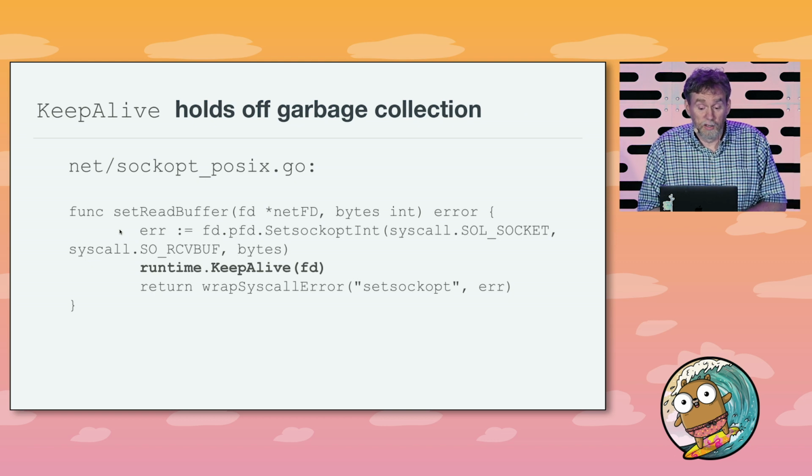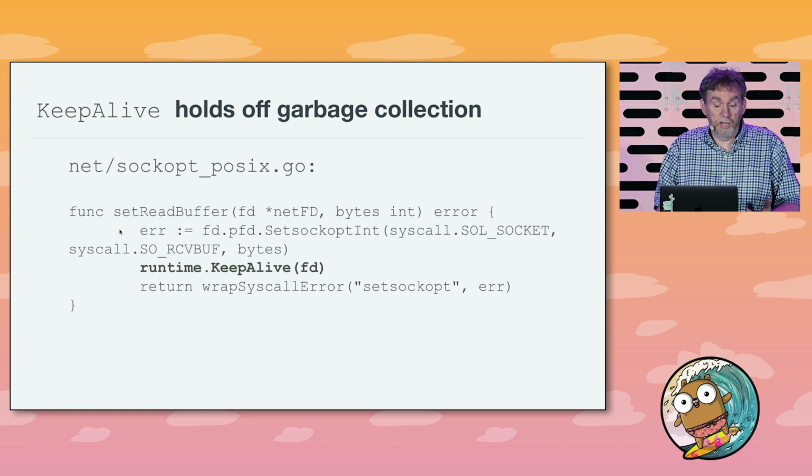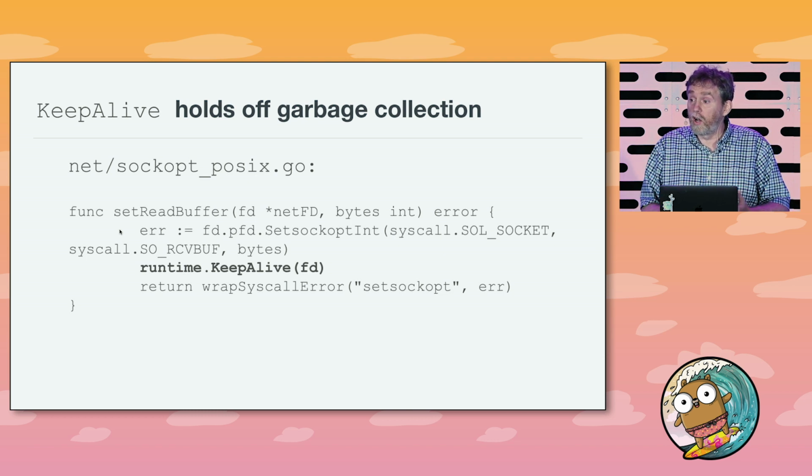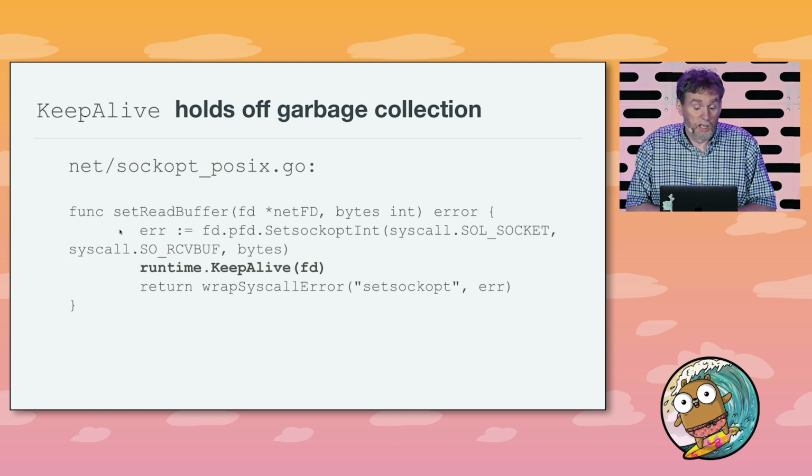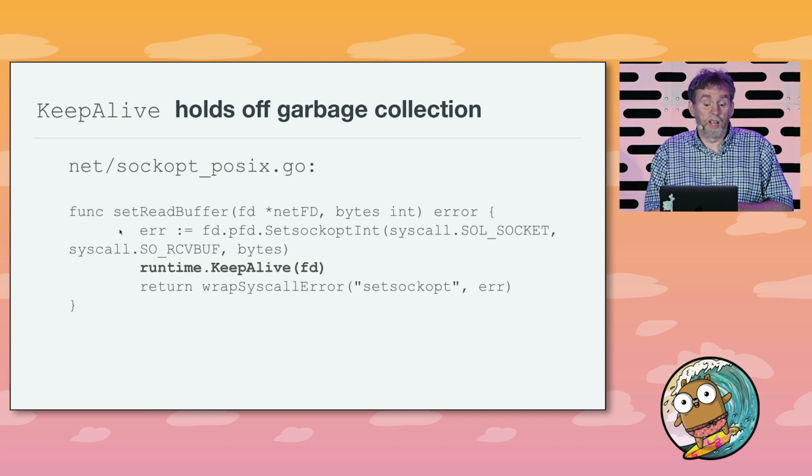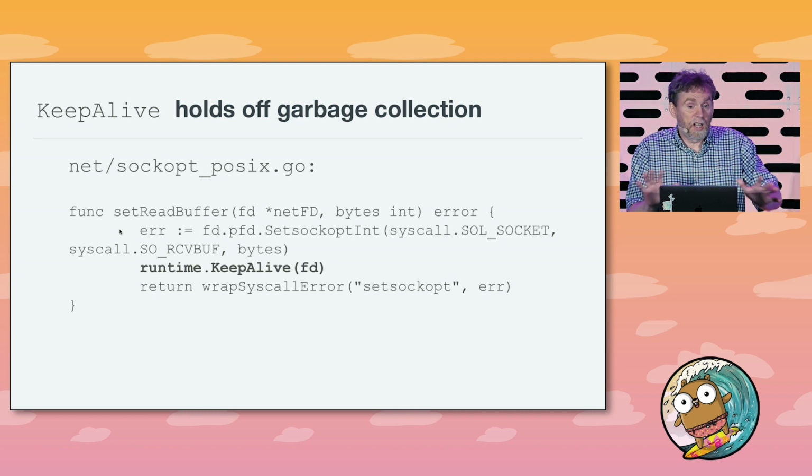KeepAlive ensures that something is not garbage collected yet. It's being used in the net package in the standard library. So what's happening here is it's making a system call to set a socket option, and then immediately on the next line it says runtime.KeepAlive.